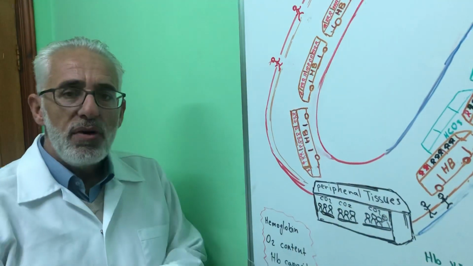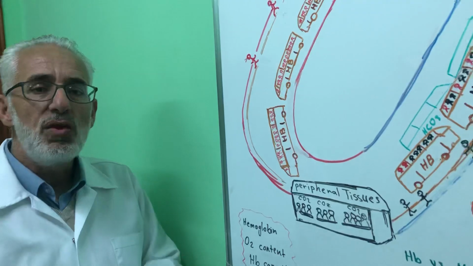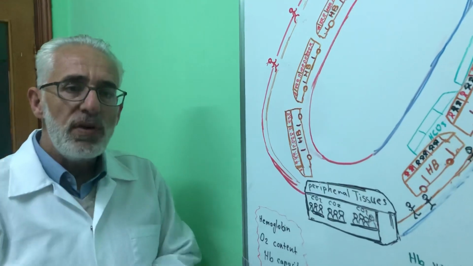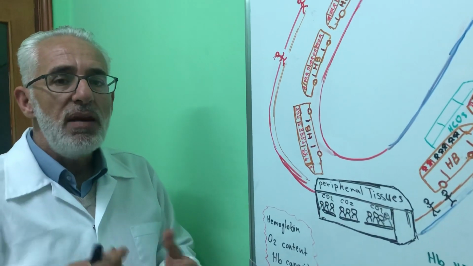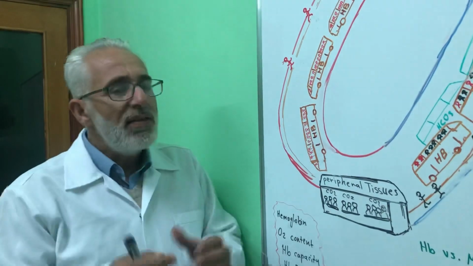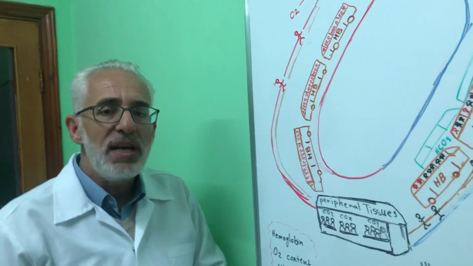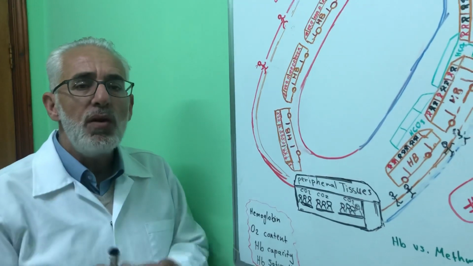Actually, hemoglobin has two components. The proteinic component, which is globin, is composed of 4 subunits, 2 alpha subunits and 2 beta subunits. Each of the proteinic subunits involves a non-proteinic component, which is the heme. For that, the 4 subunits of hemoglobin involve 4 heme groups.